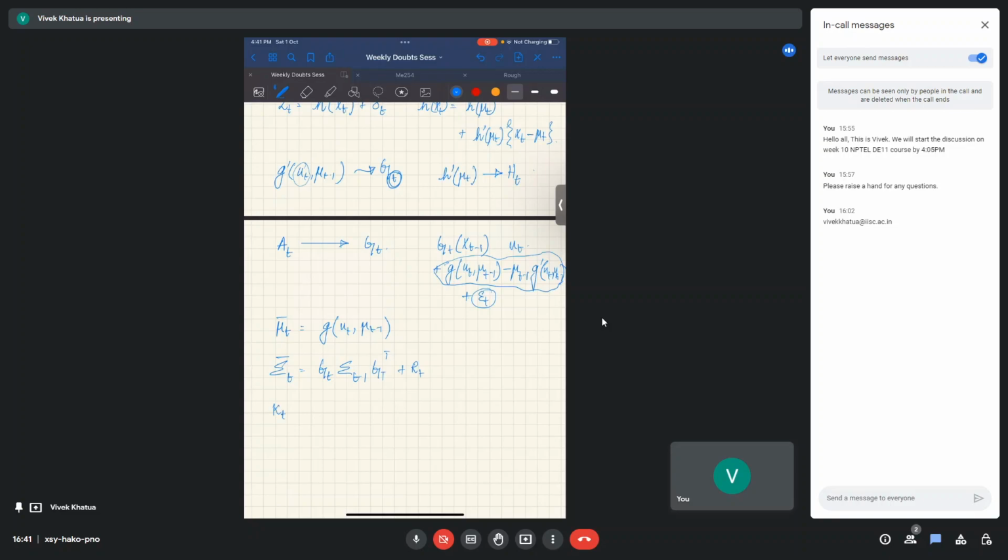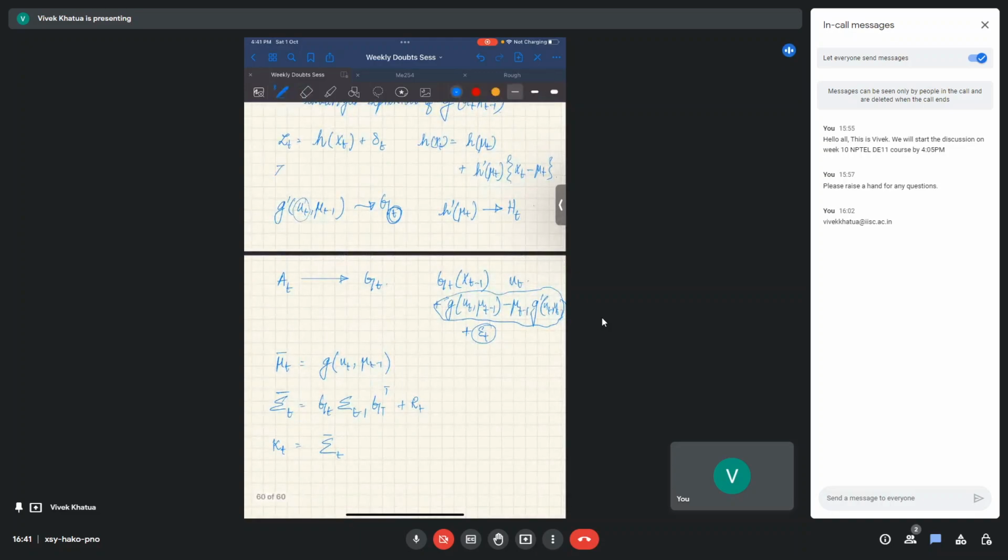And then we'll have our Kalman gain, that will also be the same. Wherever we have C_t, that is being replaced. Here z_t will be equal to h of u_t plus h dash, that is capital H_t x_t. This capital H_t is nothing but what C_t was back then.